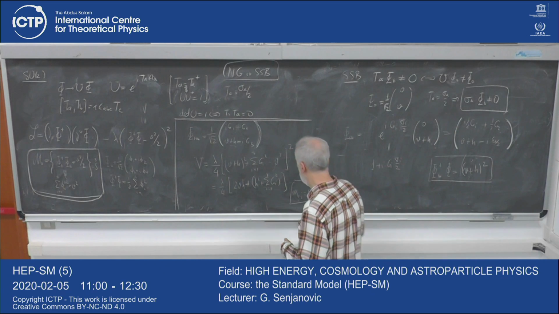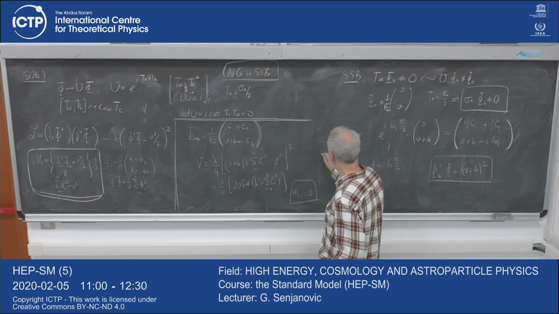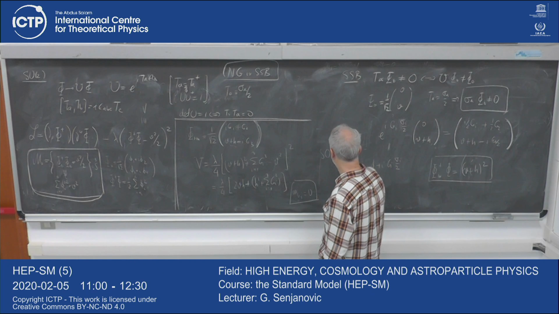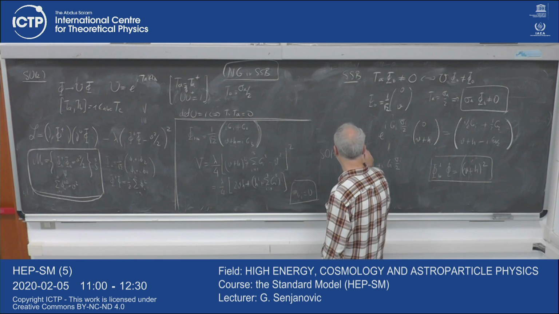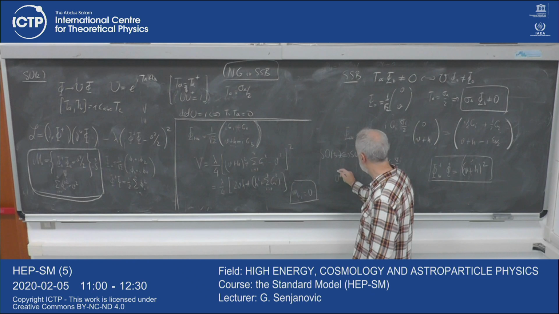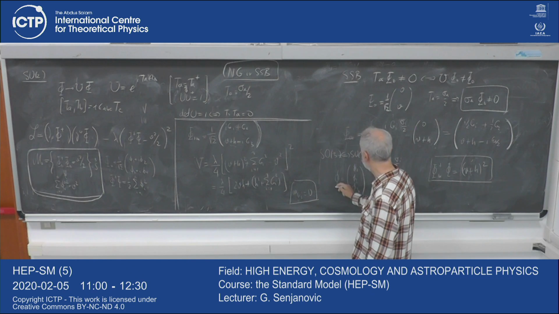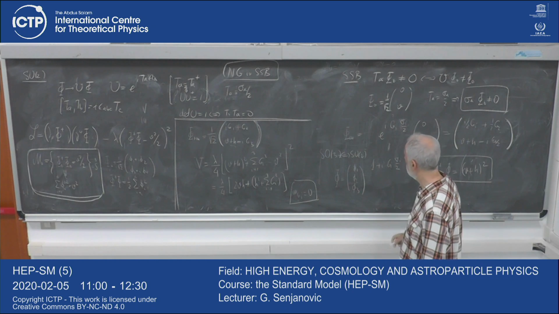For example, let me ask you, you make a guess. If I take SO3, which is equivalent to SU2 with a triplet. So imagine that I have a triplet of scalars. I take something like this: phi 1, phi 2, phi 3. A vector.